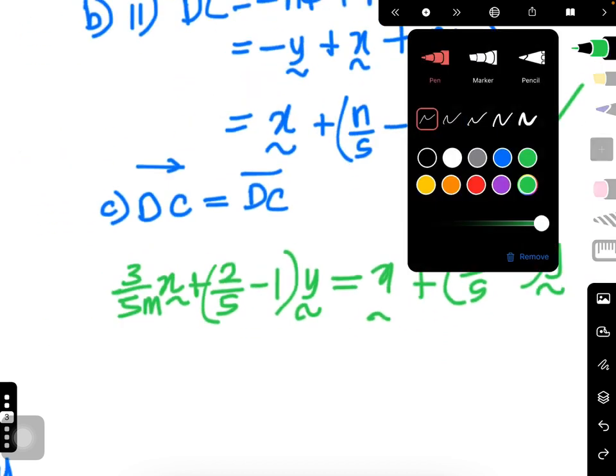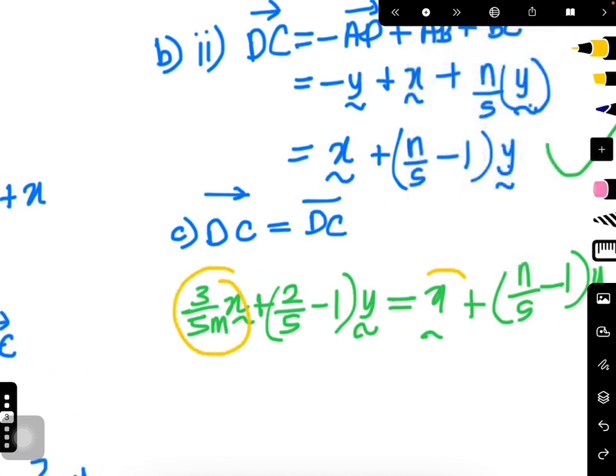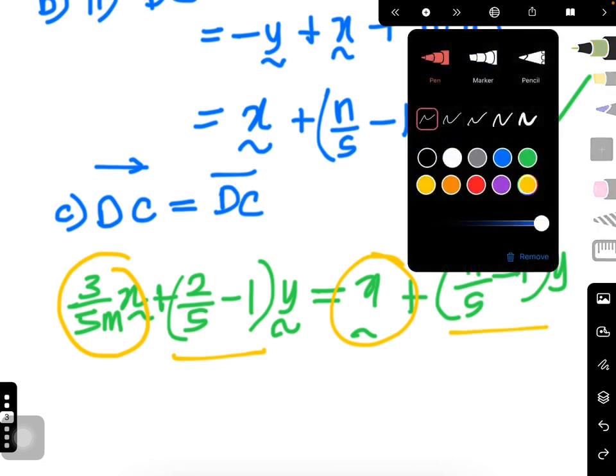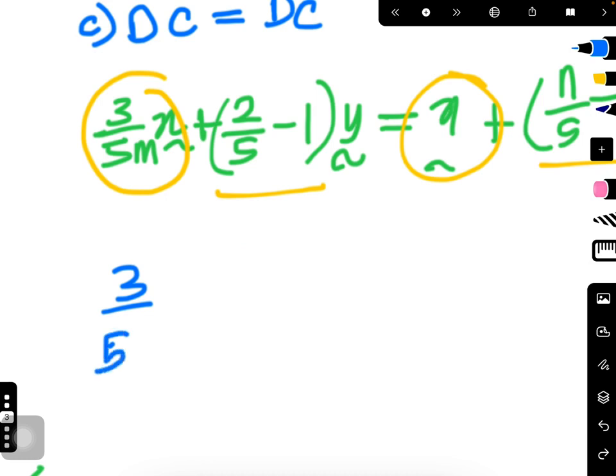Okay, since we have the same factors again, we can equate this to this, and this to this. Let me show you. 3 over 5 m equal to 1. We don't need to put x because x is the unit factor.